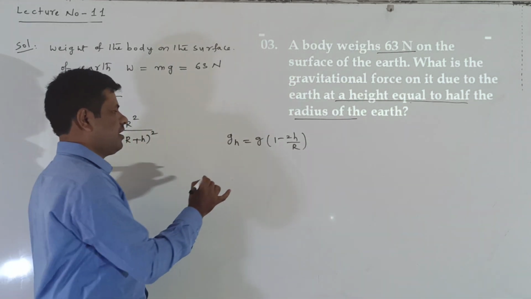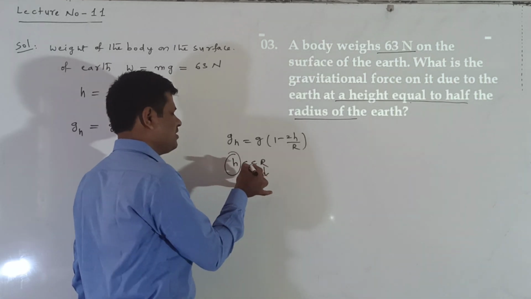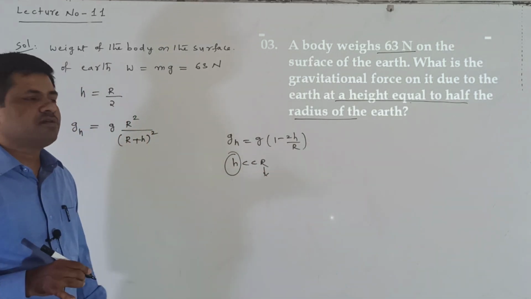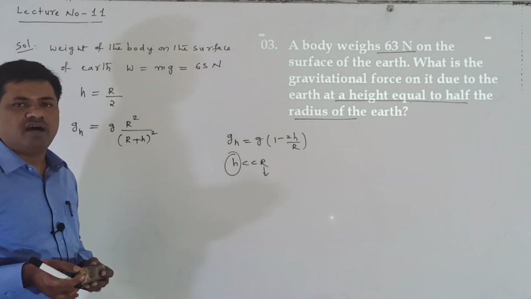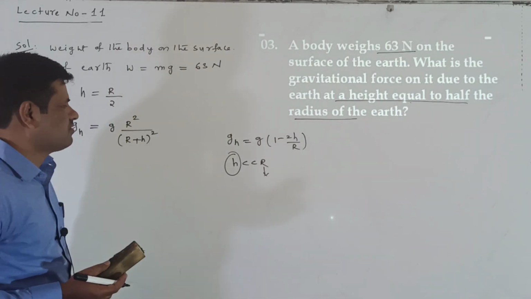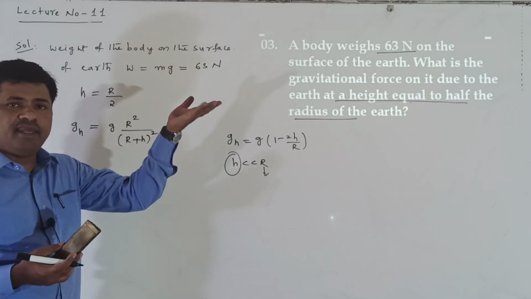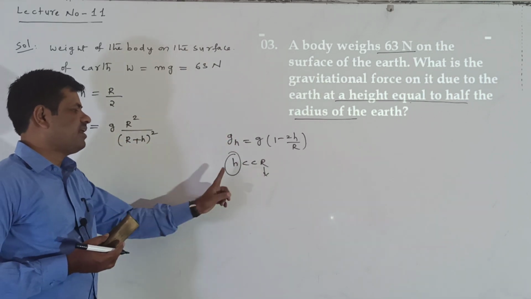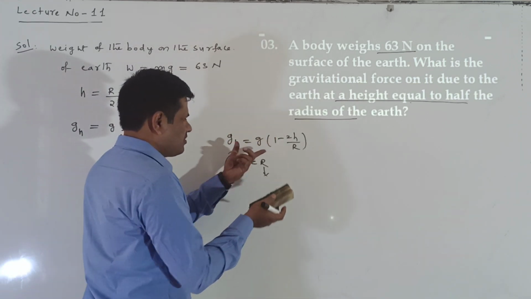This formula is applicable only when h is less than R, when h is very small in comparison to the radius. But here h = R/2 is a very large value. That's the reason we use this formula, which is applicable for any height. The other formula is applicable only when h is very small in comparison to the radius, so I am not using it.